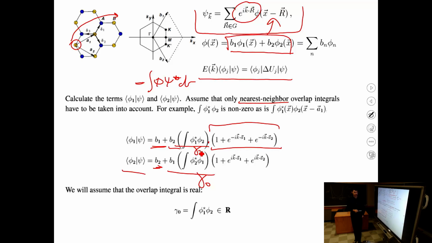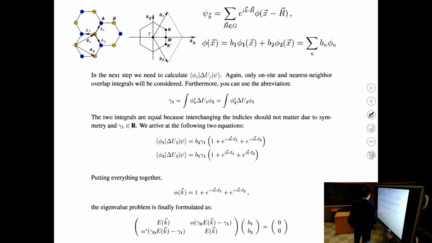So we're going to have them be the same. We are going to call this prefactor alpha. This is just not to carry these expressions around. Okay, so we've calculated the matrix element of psi and phi i.